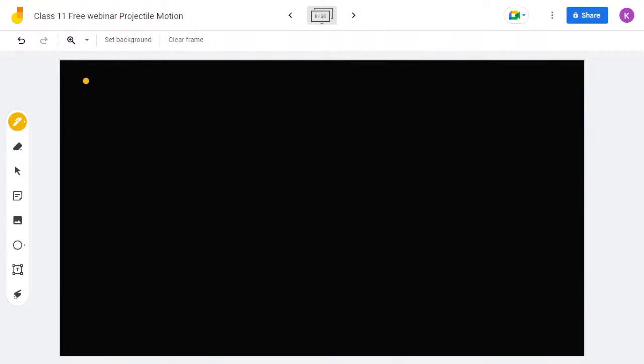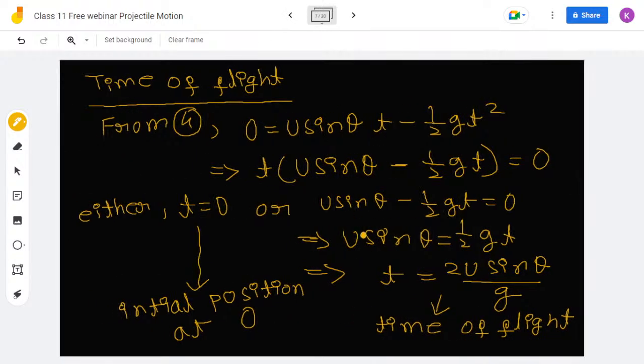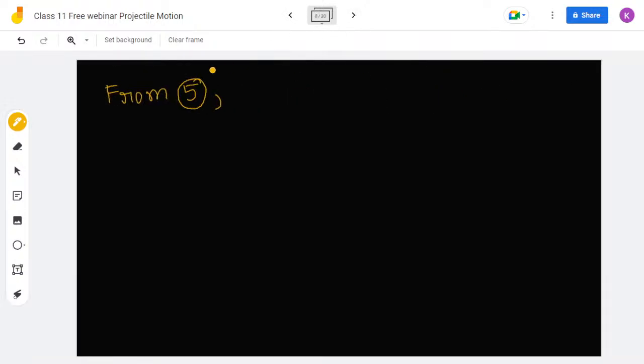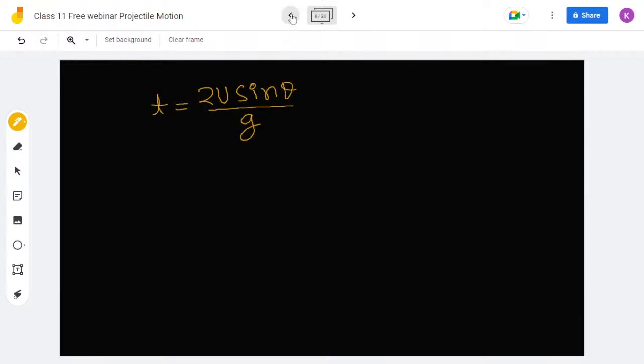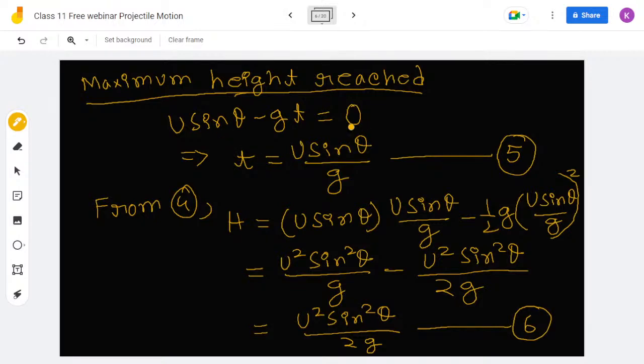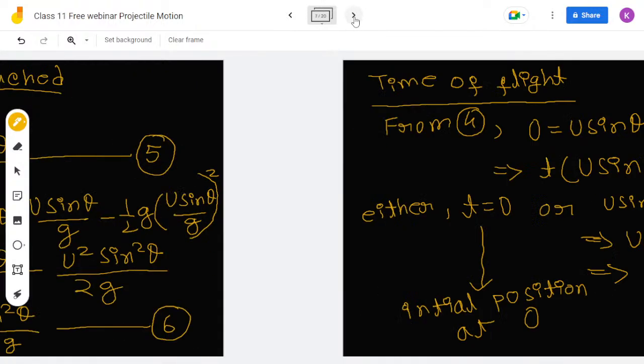Now let's take a look. From this calculation we get that the total time of flight is t equal to 2u sin theta by g, and the time taken to reach the maximum height is t equal to u sin theta by g.